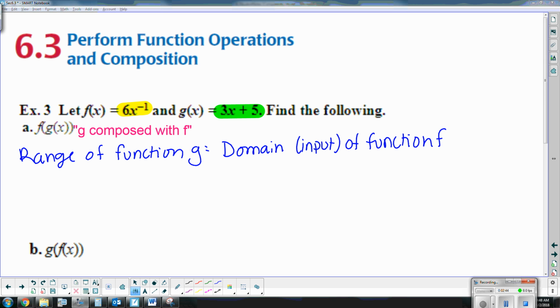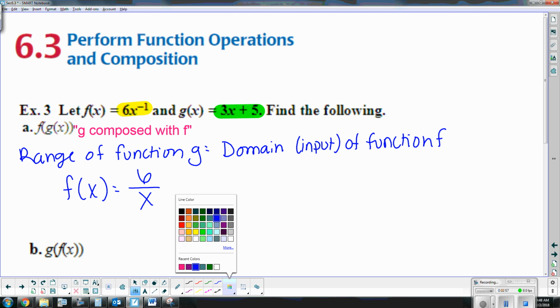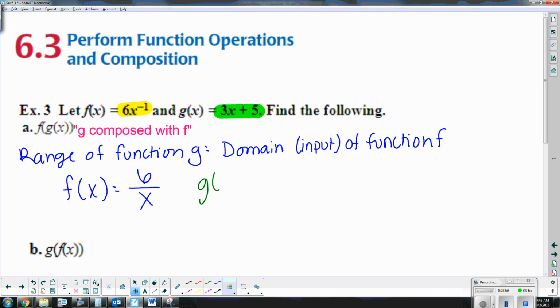So with that in mind, we know that f of x is 6 to the negative first, which is 6 over x, and g of x is 3x plus 5.